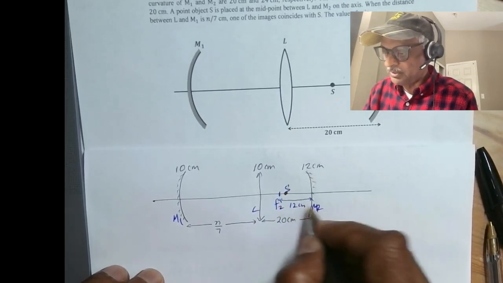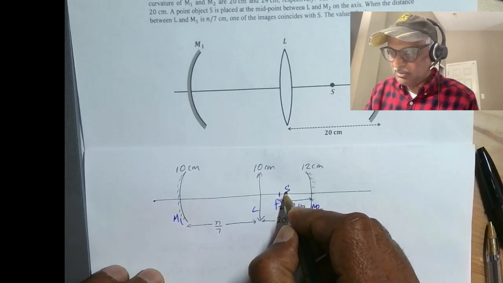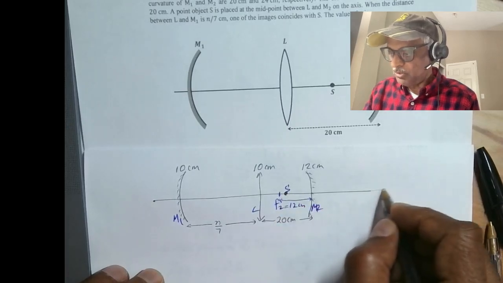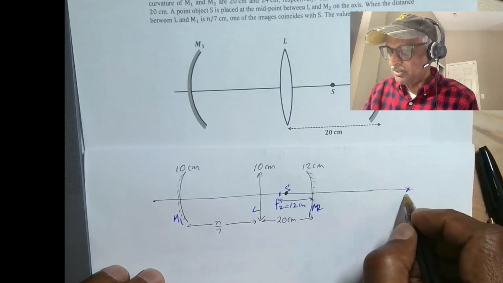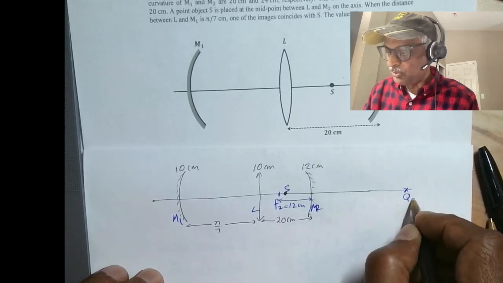Because the object is within the focal length, the image is going to form somewhere behind here.